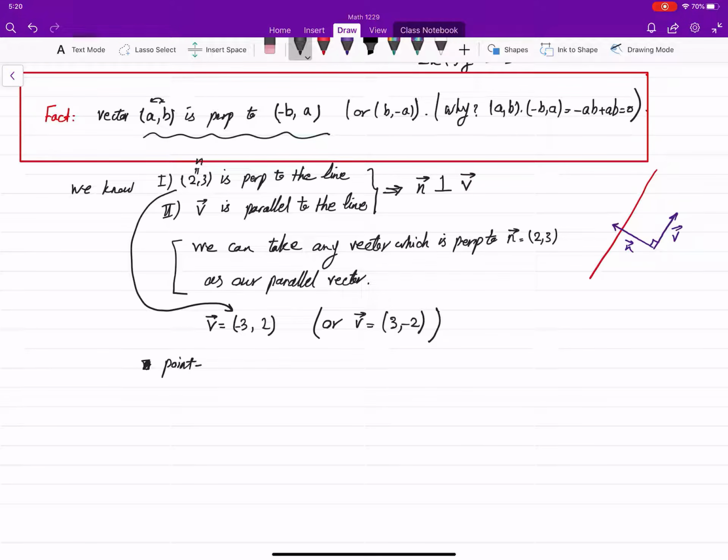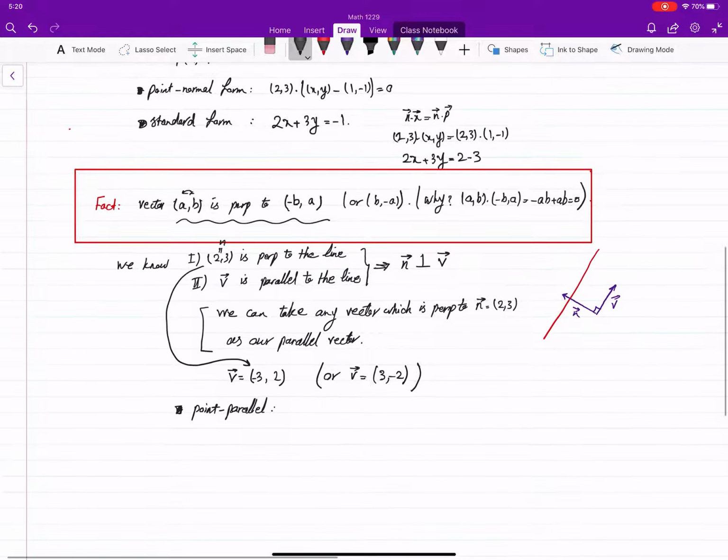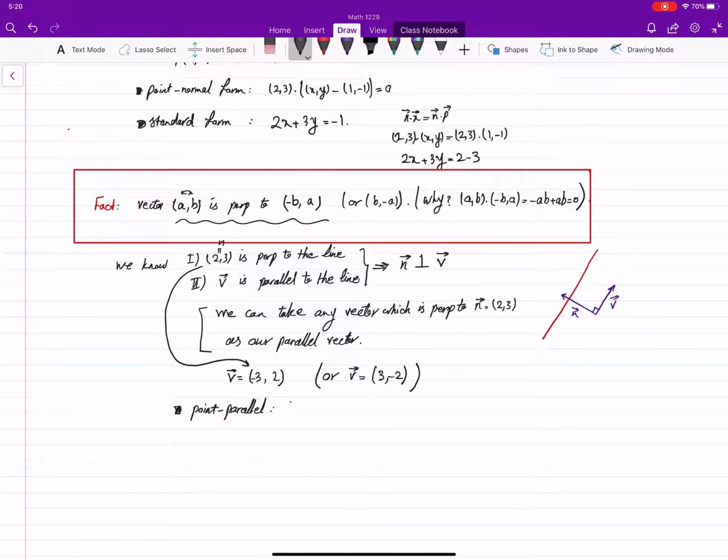By having v in hand, we have a point and we have a parallel vector. Point parallel form can be found. So point parallel form in this case is x(t) equals p, which is (1, -1), plus tv. And similar to that, the parametric form.